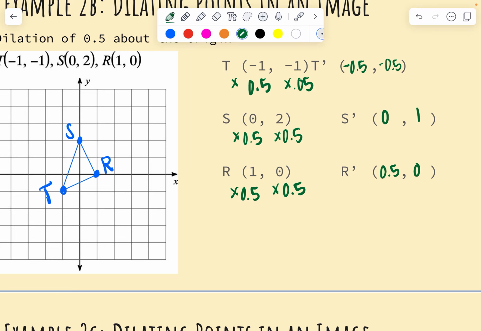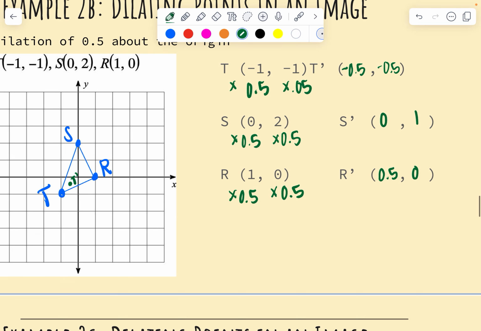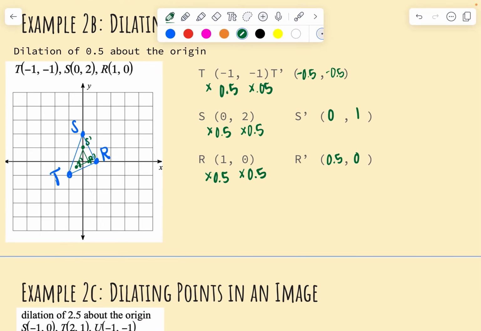So the first one, negative 0.5 will be right here. 0, 1 will be here for our S prime, and our R prime will be right here. So we can see that our triangle has gotten smaller by a factor of 0.5. So it's about half the size of our original triangle.